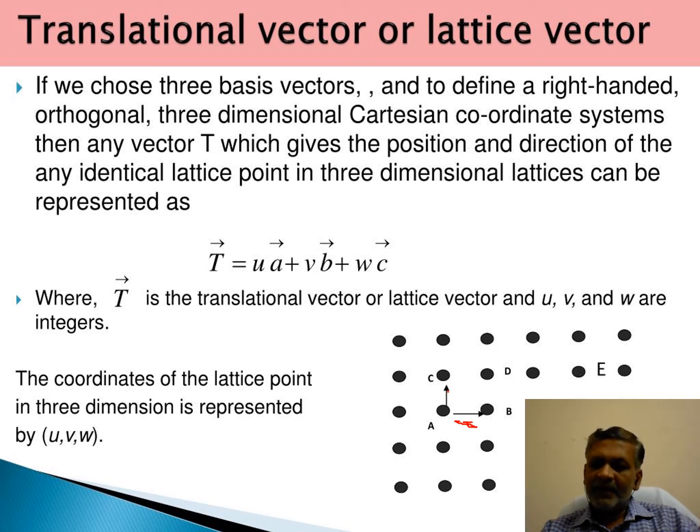It can be represented by a vector T equal to ua plus vb plus wc. It is called the translation vector. It connects identical lattice points in a three-dimensional lattice. In the translation vector or lattice vector, u, v, w are integers. Therefore, the translation of a crystal by itself is called the translation vector.